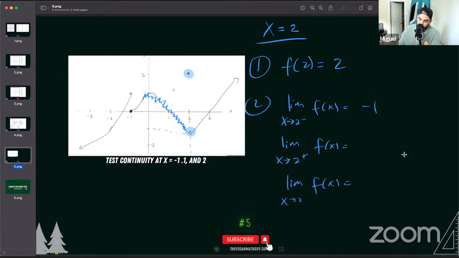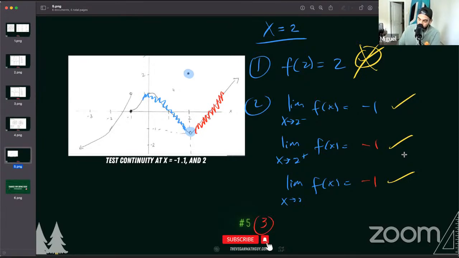The function as it approaches 2 from the right side, also -1. Okay, that's nice. So then naturally, because the limit from the left and the limit from the right are both the same value, we are going to say that this is -1. The limit actually exists. But again, the three conditions work here: the limit from the left, limit from the right, and then the actual limit. But then it does not equal the top function or the top condition.